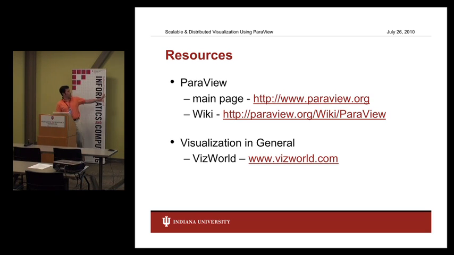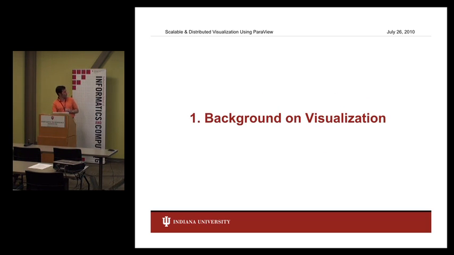And if I did want to throw out one URL that's a nice one for visualization in general, that's visworld.com. That's only been live for about a year now, but it takes visualization very broadly defined, and it incorporates things like computer graphics, rendering, computer graphics hardware, all sorts of applications in science and information visualization and so forth. It also has some ways to filter out just the information that you're interested in. So be sure to check that out.